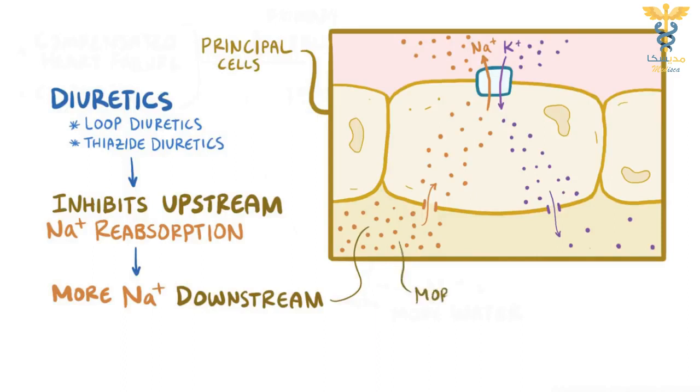In addition, these diuretics also allow more water to remain in the lumen, creating a relatively low potassium concentration in the lumen. Taken together, a relatively high potassium concentration in the principal cell and a relatively low potassium concentration in the lumen increases the potassium gradient and causes a lot of potassium to get secreted and excreted in the urine, leading to hypokalemia.